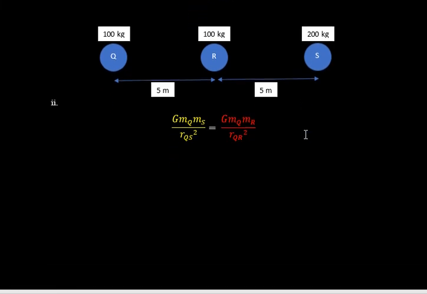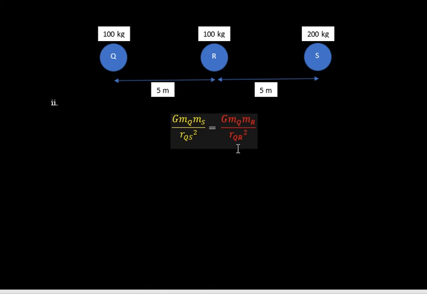The approach is similar. The second section wants the gravitational force between Q and S. In yellow is the equation for gravitational force between Q and S, and in red is the equation for M. Now we need to check if they are equal. Here the distance between Q and S is 10 meters.